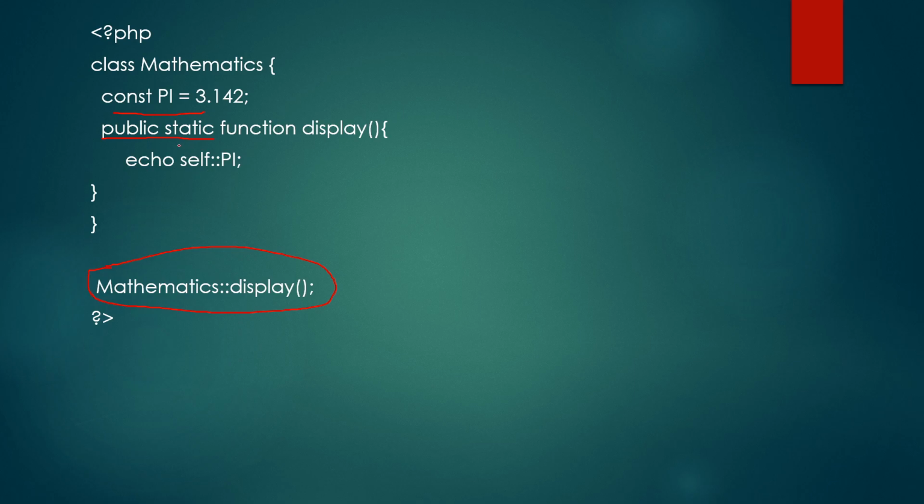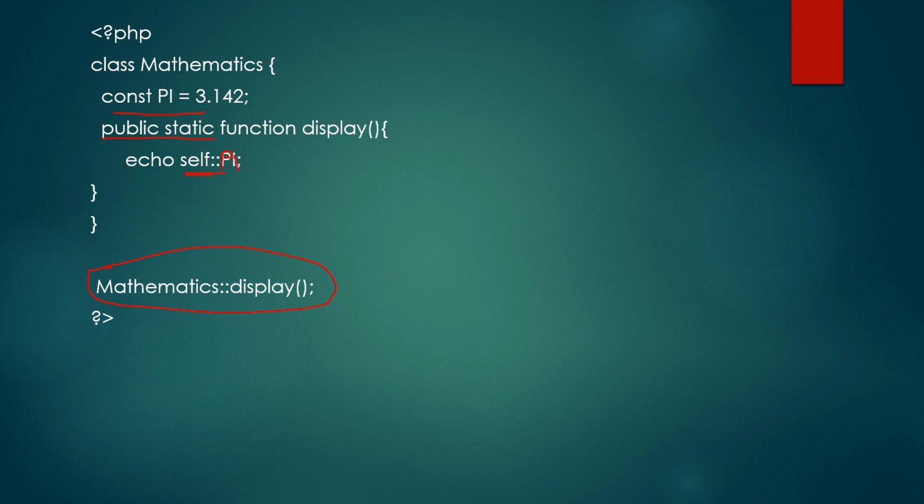If we don't, we will get an error. In the case of static methods, we access any property using the self keyword. If it is a non-static method and a non-static property, then we make use of the this keyword. But here, since both of them are static, we have to use the keyword self, then the scope resolution operator, followed by the name of the property.